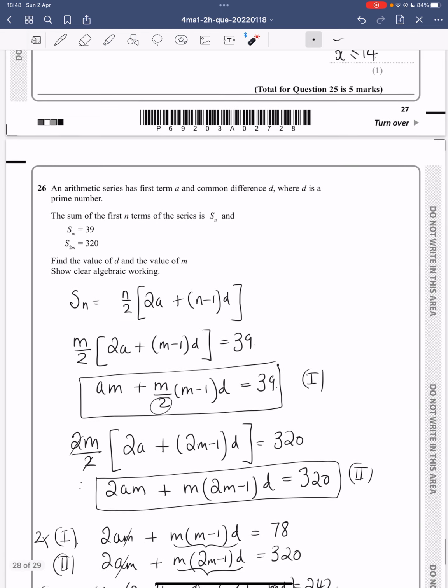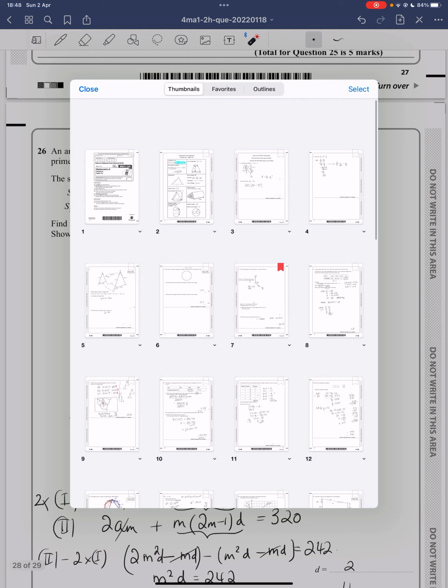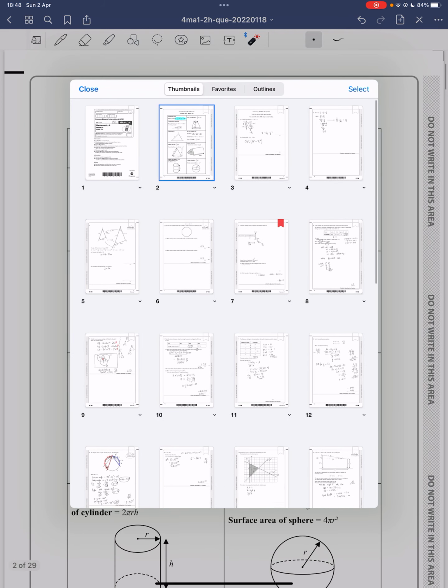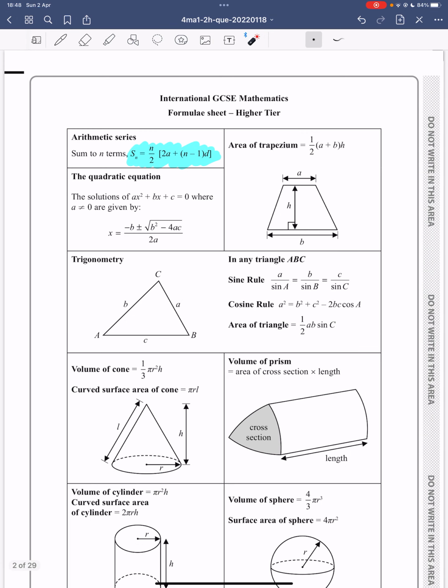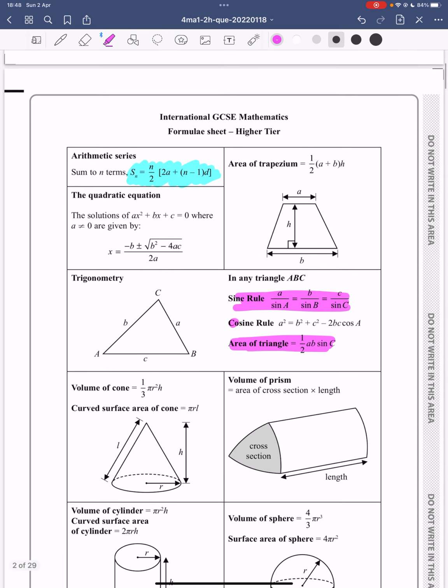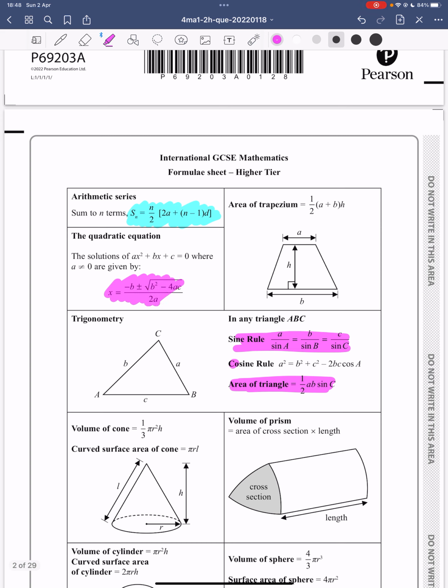So this here, again, that's in your formula sheet at the start. Okay, so I didn't show you before. We have used the area of a triangle in that last question. That's in there, the sine rule. I can't remember if I've used the cosine rule, but it's in there. We've used that one in this exam. And then it's this one, I've already coloured it in here.